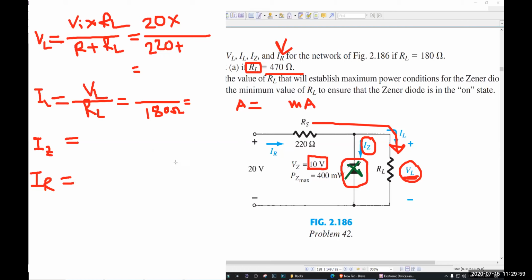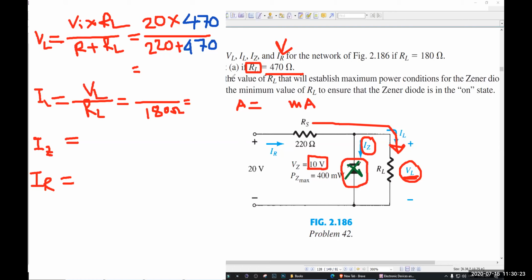Everything will be changed now. Let's use a different color. So 470, right? So how much?